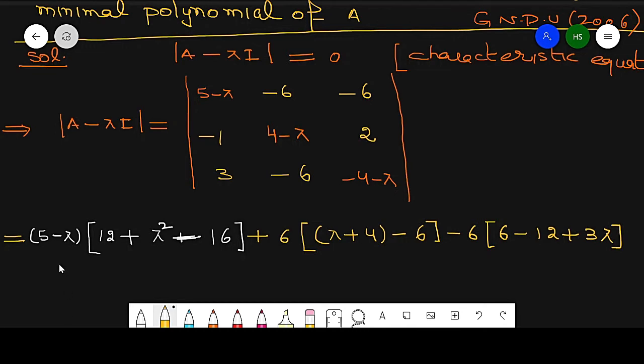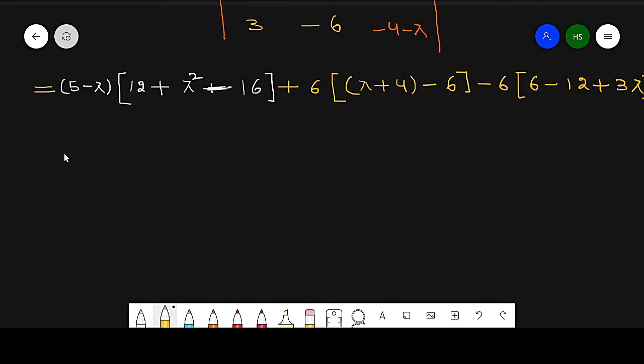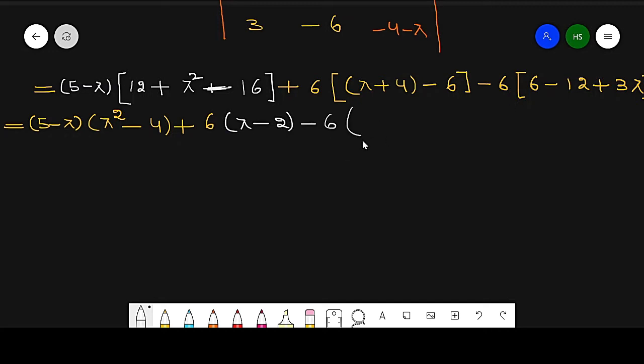So just check the calculation, many times there are mistakes in calculations. Now this value becomes 5 minus lambda times lambda square minus 4 plus 6, the next term is lambda minus 2, and next is minus 6 bracket 3 lambda minus 6.